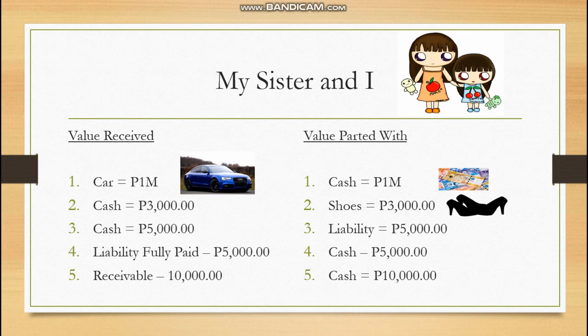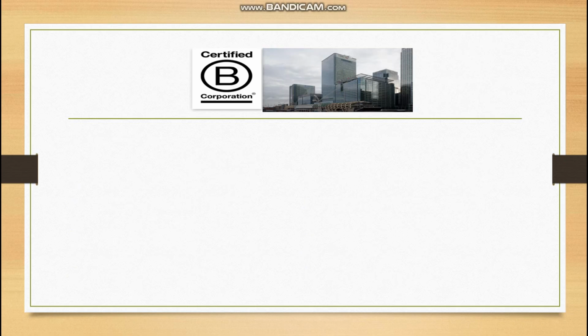Now that you understand the concept of the value received and the value parted with, you are now ready to understand the actual debit and credit of accounting in a business transaction. Let us have an example this time of a normal business transaction that occurs in a business organization. Let's have an imaginary company which we will call the Certified B Corporation.